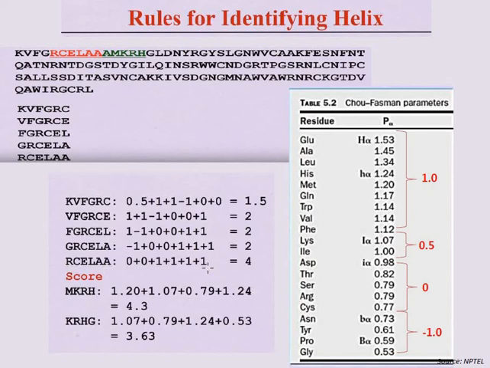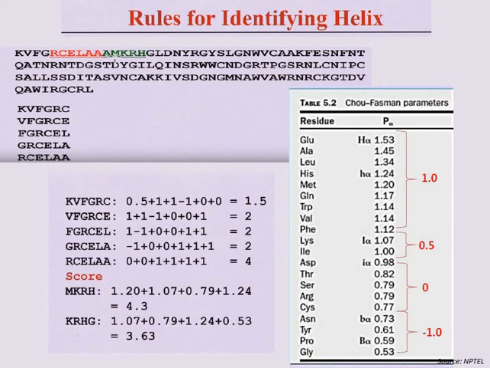If you calculate the scores, it has a score of 4. So this stretch will work as a nucleation site for your predictions, and then you start extending this nucleation site until you get a score less than 4.